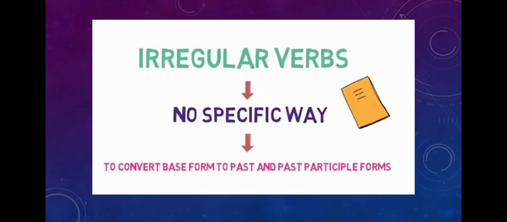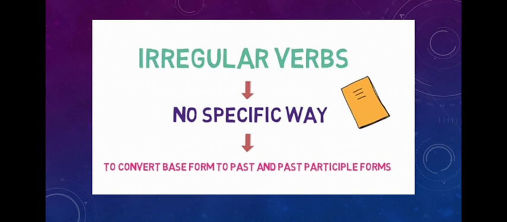So for irregular verbs, like I told you, there is no specific way, okay? There is no fixed pattern like the regular verbs, by putting ed or by putting d, where we can form the three forms of verb, right? That is the present, simple past and the past participle.